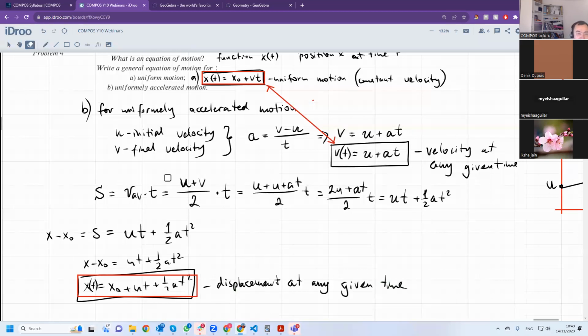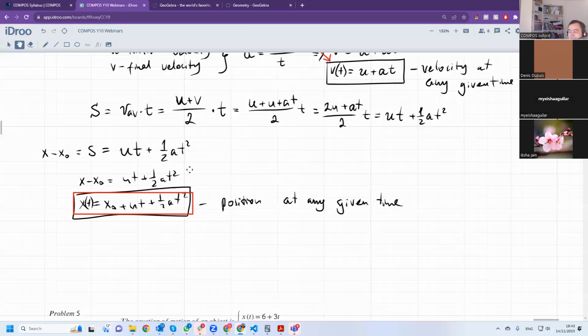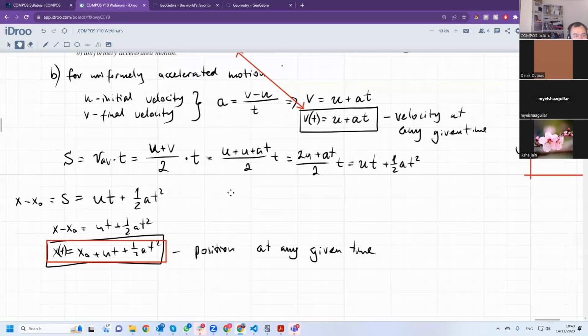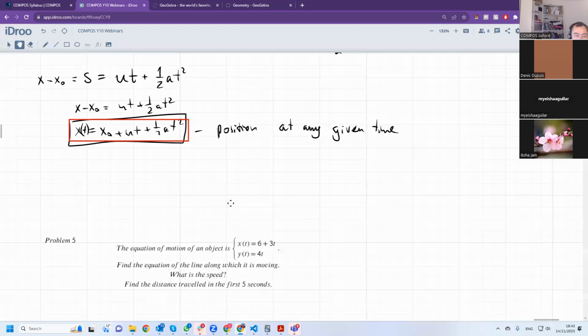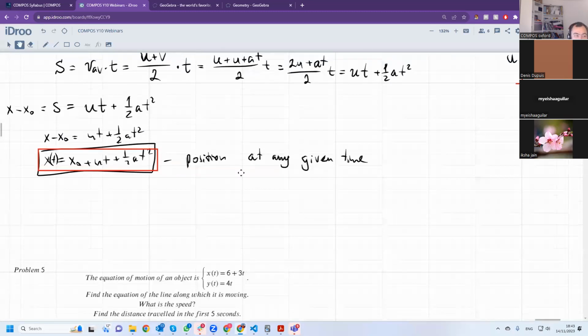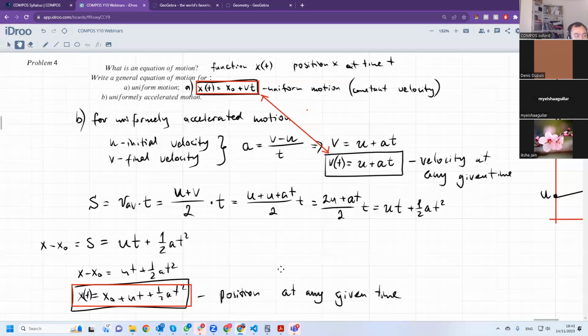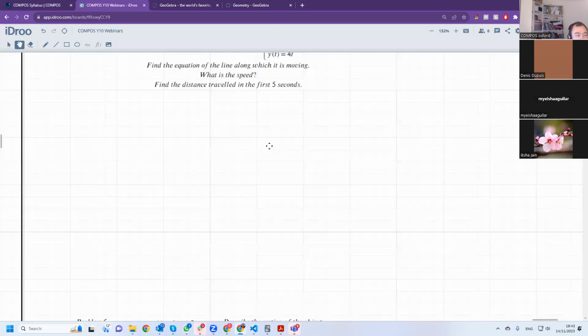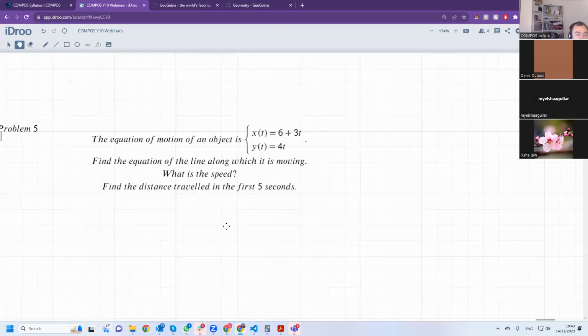Not displacement. Why did I say displacement? Position. Okay. So I hope that makes sense. It's a position at any given time. So we'll get back to those. I just want to show you how to use the equation of motion.